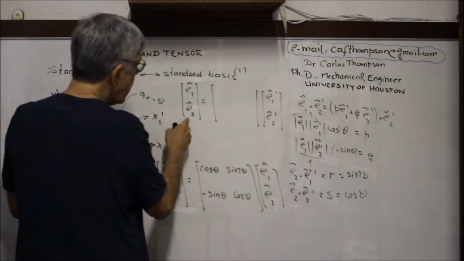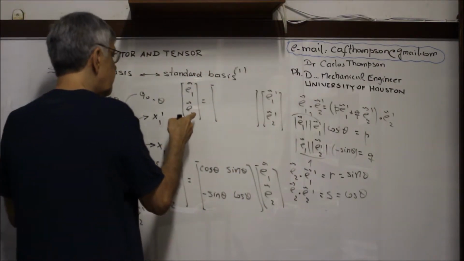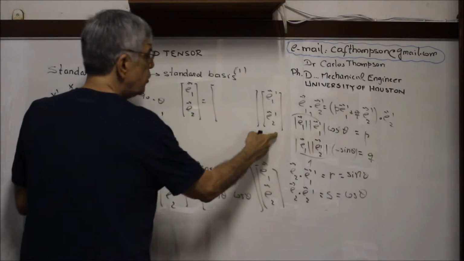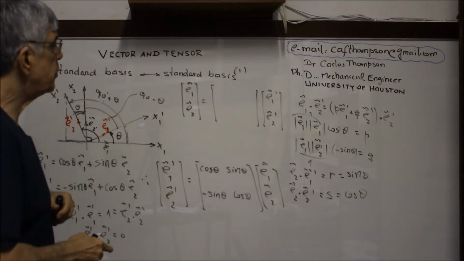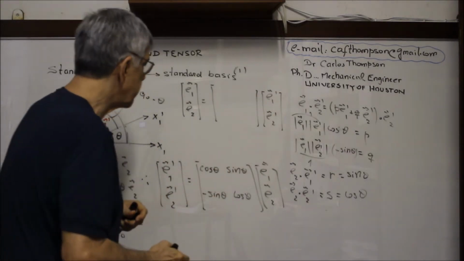These are the unit vectors of one standard basis in relation to the other standard basis, E1 prime and E2 prime.